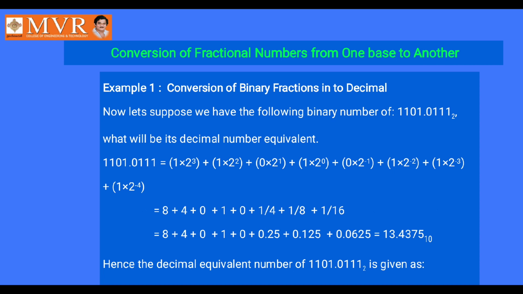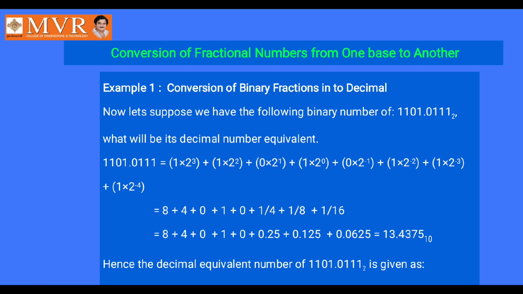Here you divide this given number into 2 parts. One is the integer part and the second one is the fractional part. First, let us convert the integer part 1101, which has 4 positions, from 0, 1, 2, 3.